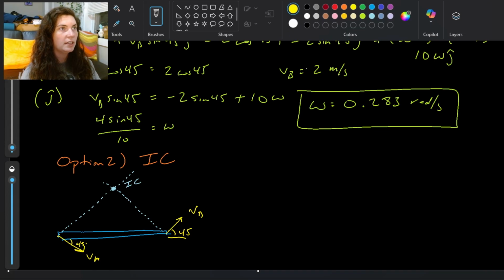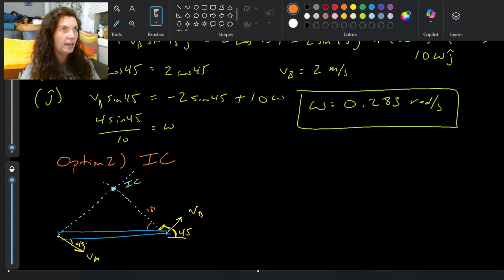And if I look at this, I can see that with this right angle here, in order to make this a perfect straight line, since AB is on a perfect straight line, if I do 180 minus this 90 minus this 45, it's going to give me this angle over here.